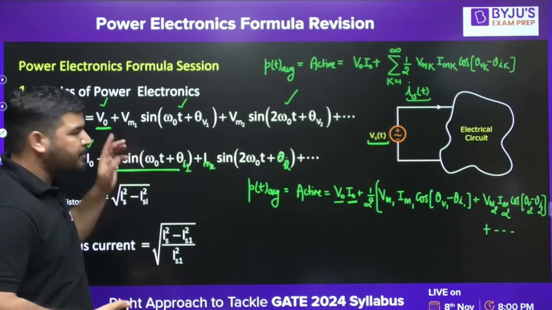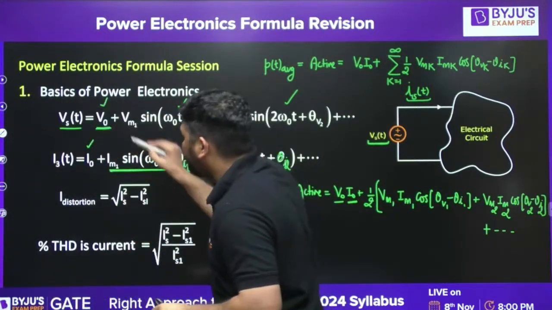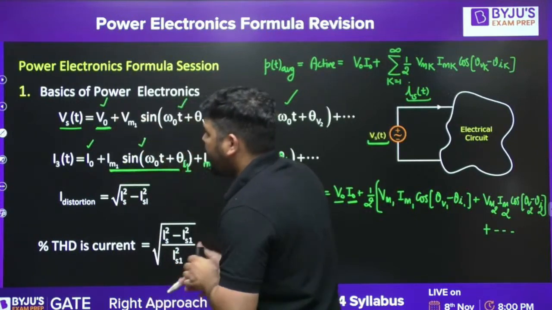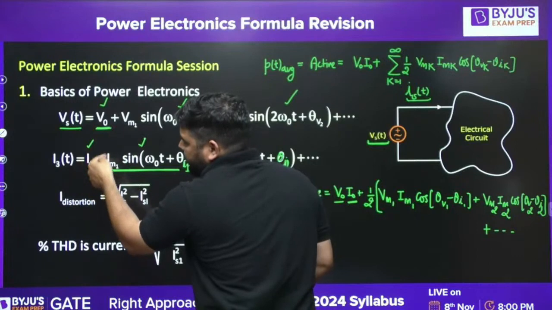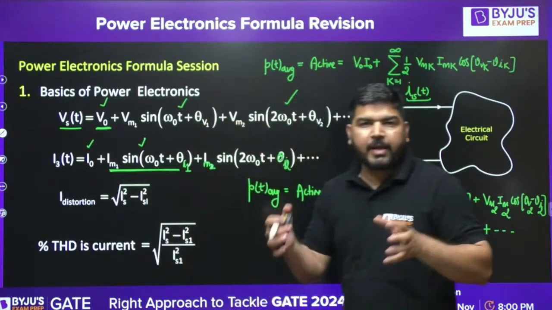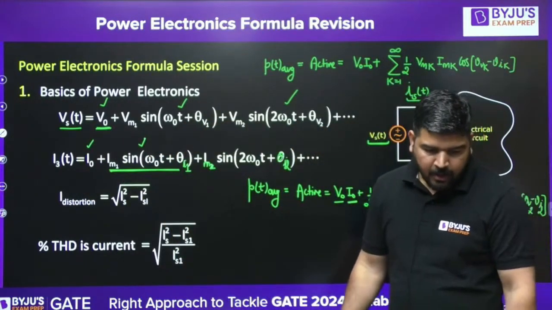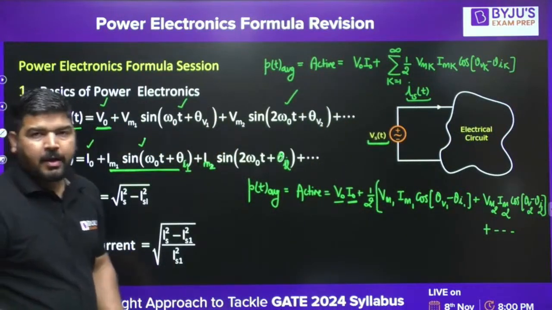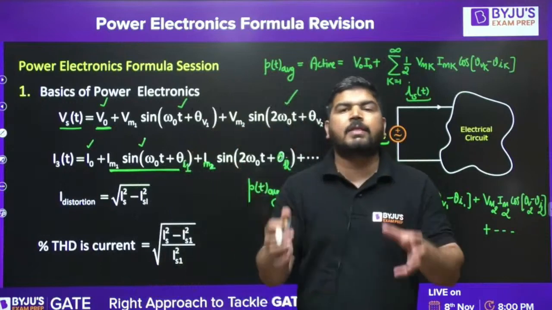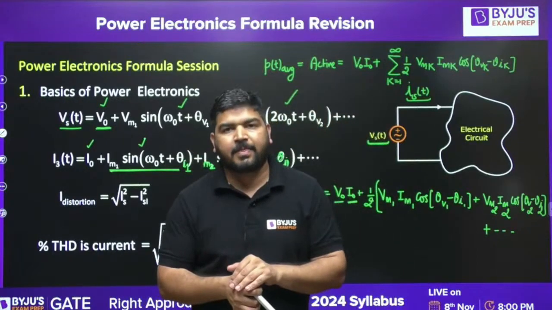The average power due to this component and this component will be 0. Only the DC component will participate, because it has 0 frequency, so it will participate with the 0 frequency component to make the active power. Okay, so you have to remember this. In active power, same frequency components will participate.